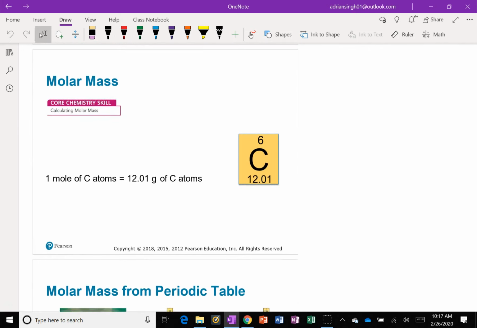All right, so molar mass by definition means the mass of what? The mass of how much of something? Mass of 1 mole of that thing.